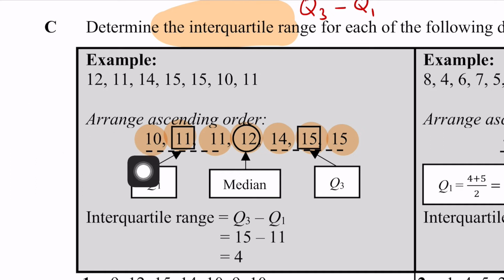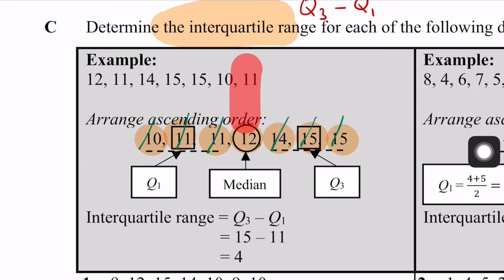So maksud dia yang tengah-tengah. Okay, cara nak senang kita kira macam ni. 1, 1, 2, 2, 3, 3. Tengah-tengah ni, so ini adalah median. Okay, next kita nak kira quartile 1 and quartile 3 macam mana. Tengah-tengah ni tadi dah settle kan?